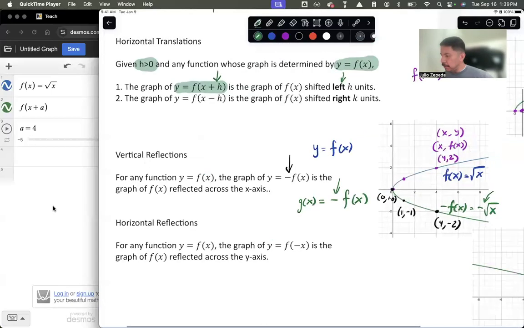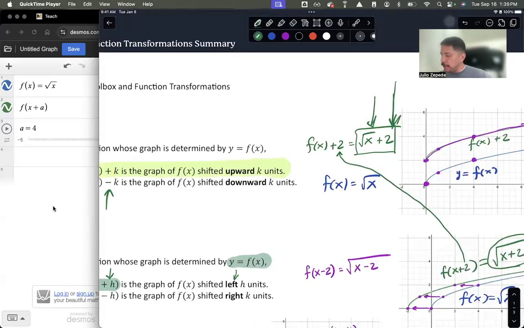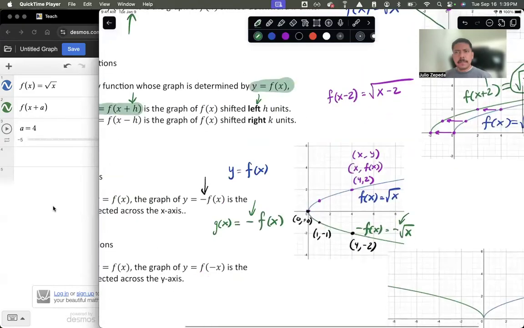It's similar to how we had the plus 2 outside of the function. That was a vertical transformation, right? So here, this is vertical as well.